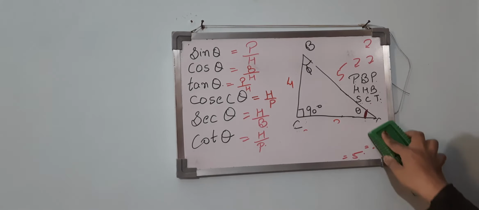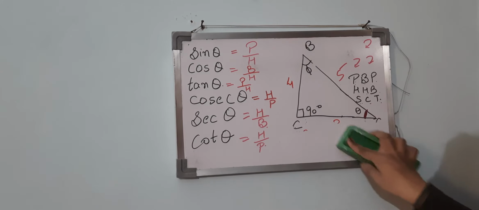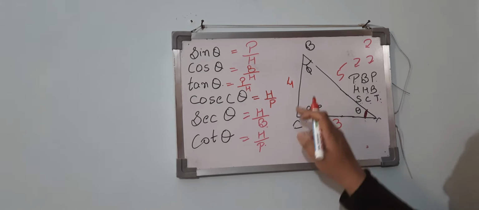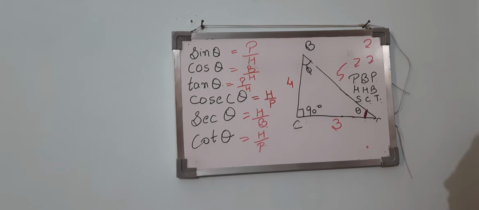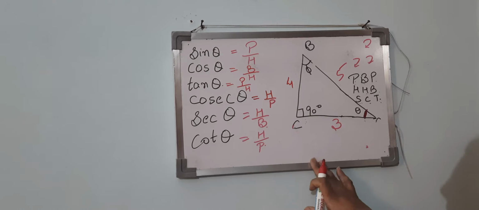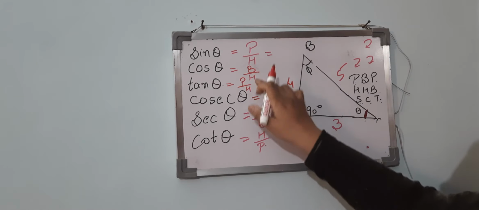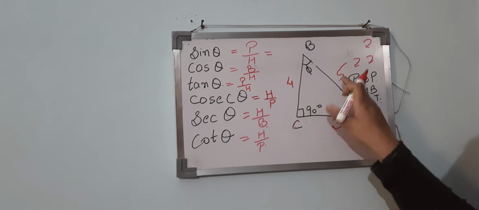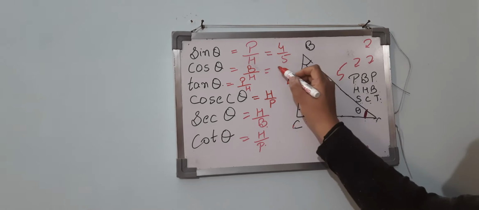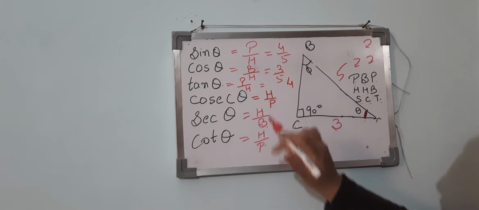So what we are talking about is a question where we are given three sides of a triangle and we have to find all the other trigonometric identities. Now we have base, perpendicular and hypotenuse. Just put the values. Perpendicular over hypotenuse means 4 over 5. Base over hypotenuse means 3 over 5.